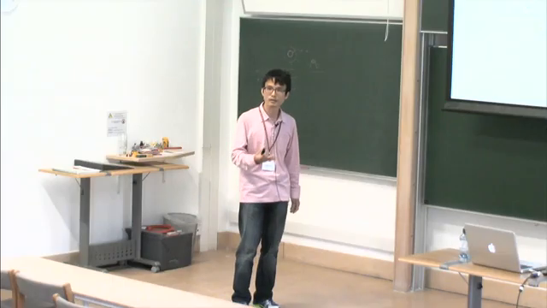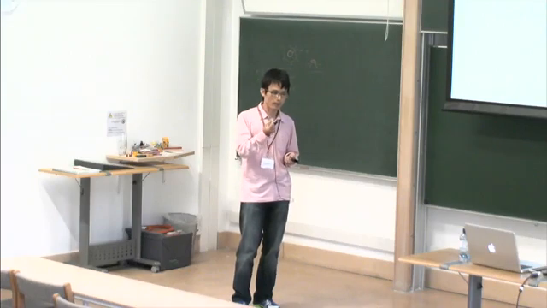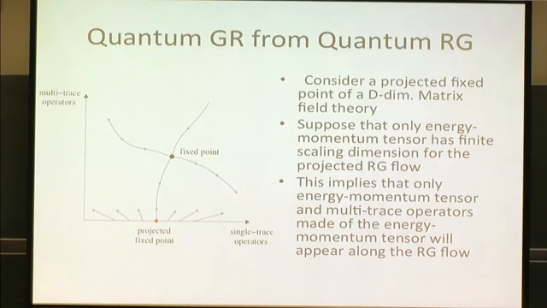Projected RG flows are RG flows that are projected into the subspace of single trace operators. Right? And then you can think of a point at which this projected beta function vanishes. Of course, this is not the real fixed point because at this fixed point you can have a non-trivial, non-zero beta function, but that's only along the multi-trace deformation. Okay, so you don't have to, but it's convenient to start from this theory.